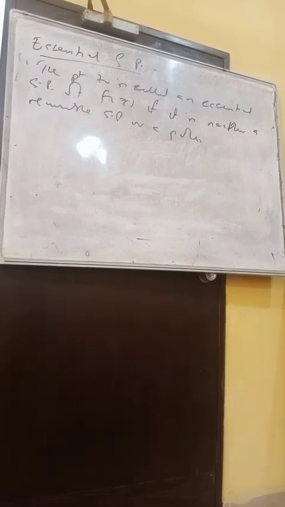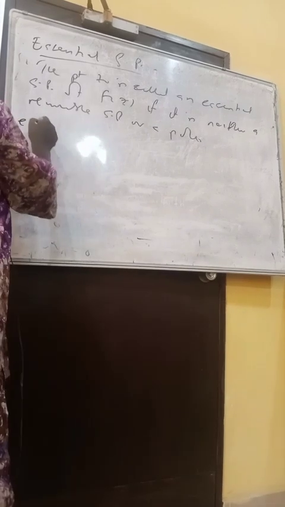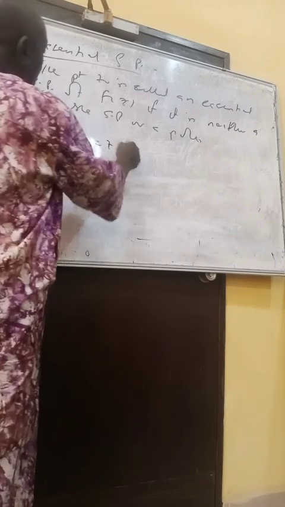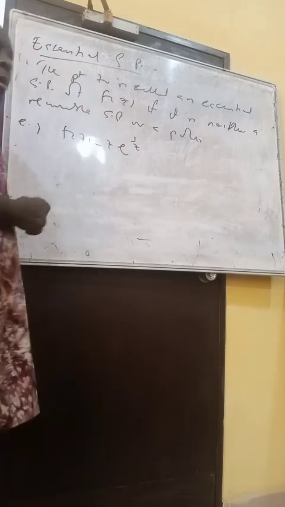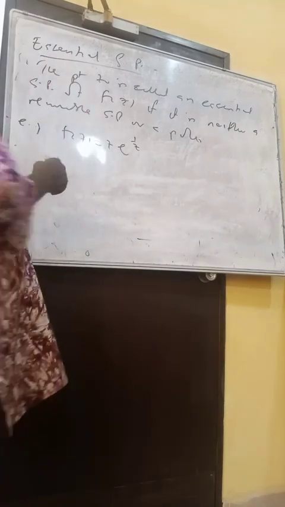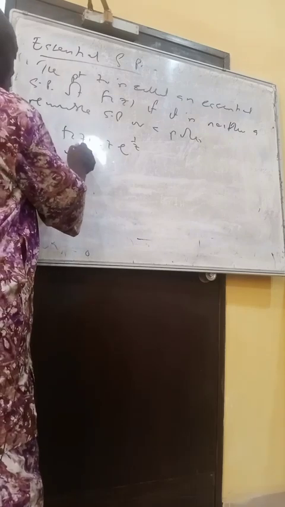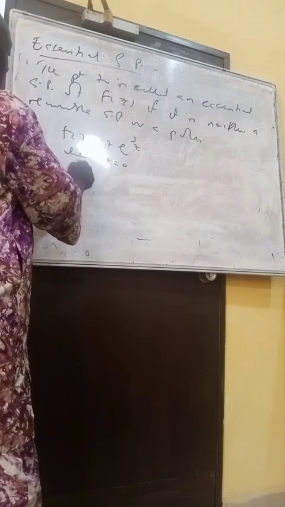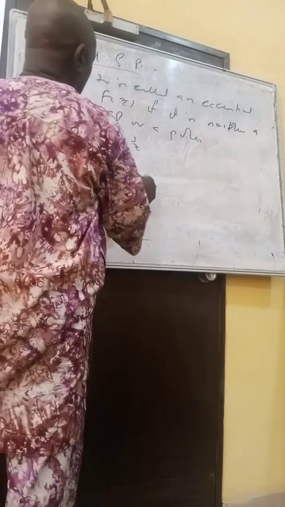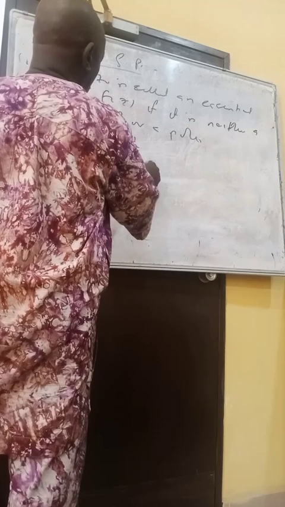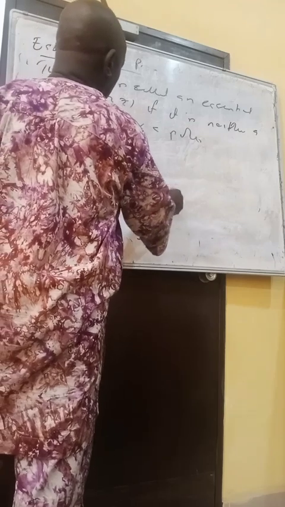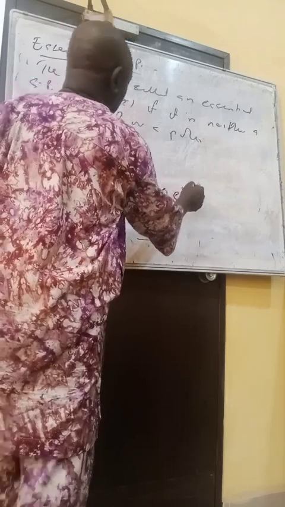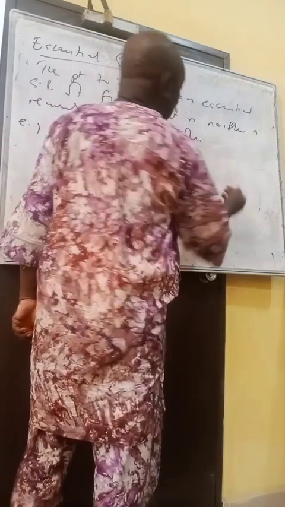For example, f of z is equal to z e raised to power 1 over z. Is that okay? You see that when z is equal to 0, we have that f of z is equal to 0 times e raised to power infinity, which is 0 times infinity.